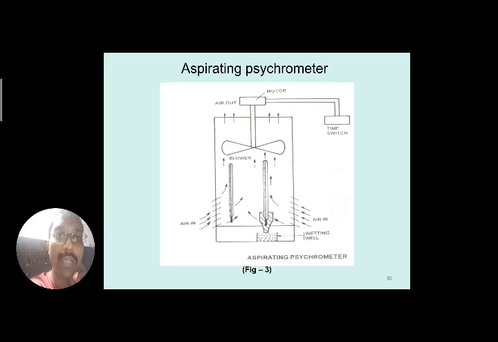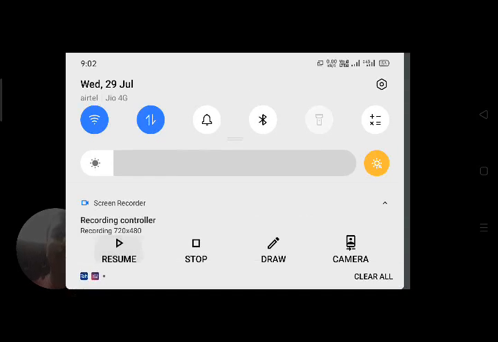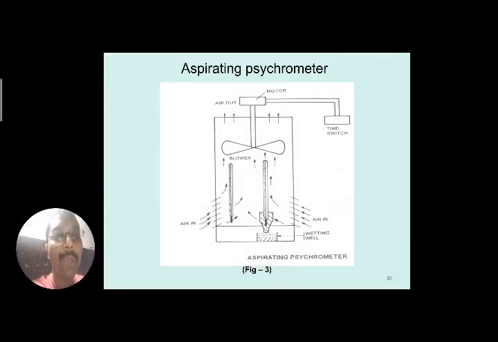Whereas in this aspirating psychrometer, you can observe a little advancement. Instead of rotating in the air with the help of the handle, here a blower or fan type of arrangement is placed above the thermometer, so continuous measurement can be made.